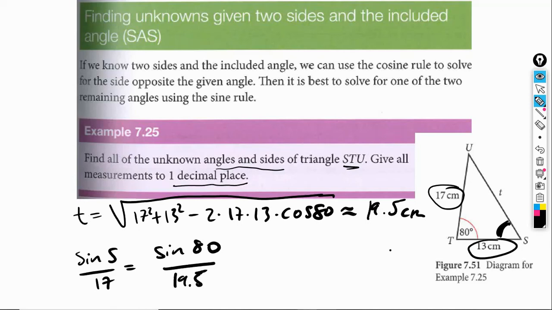So using this and solving for s, I'm not going to go into how to solve it. You guys know that you have to do the inverse sine and multiply everything by 17.